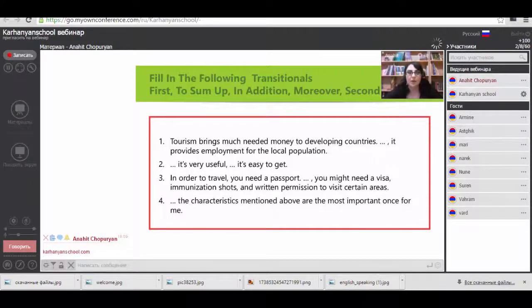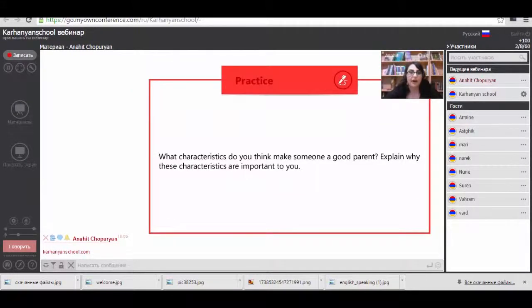Okay, let's go. What characteristics do you think make someone a good parent? Explain why these characteristics are important to you. Try to think of any characteristic that can make a good parent. Okay.